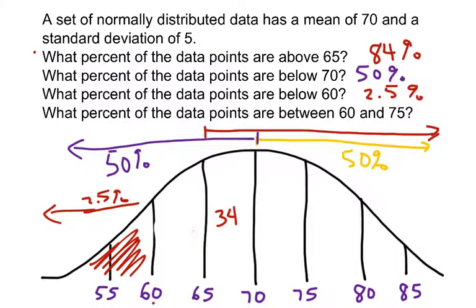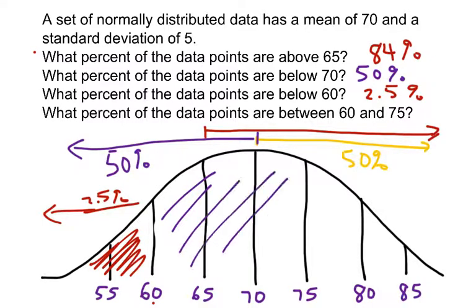Finally, what percent of the data points are between 60 and 75? Okay, let me do some cleanup here. Between 60 and 75, and since this is our last one, I'll go ahead and draw on here and not hesitate about that. Between 60 and 75, so that is all of this part of my normal curve. I just have to remember, well, 13.5% is in there, 34% is in there, and 34% is in there.